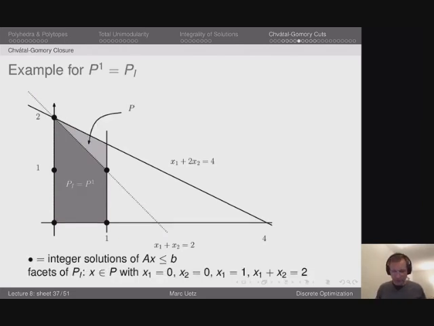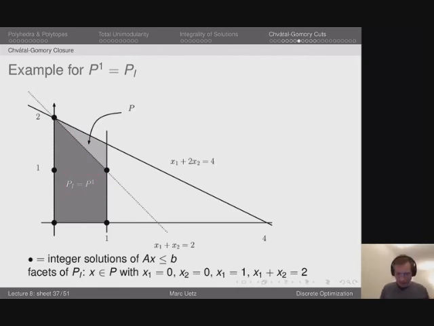So here is again an illustration of that. The linear relaxation was this one here, and the facets of the integer points, right? That is this object here, defined by this additional inequality here, and the first Schwartal closure here is exactly equal to the convex hull of the integer points.